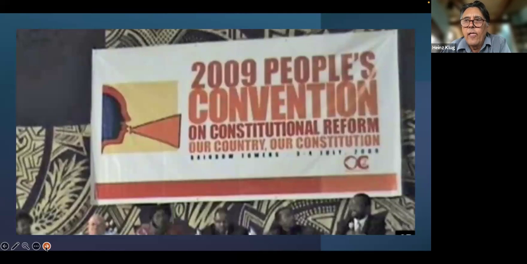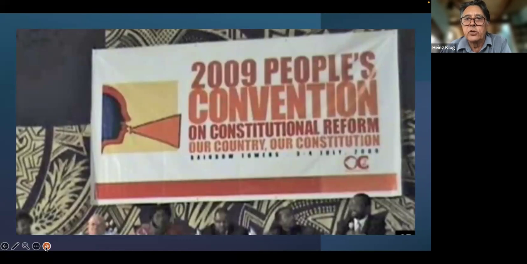And so for the first 10 years, they did not change their constitution. But in late 1999, they did rewrite that constitution and put it up for referendum.